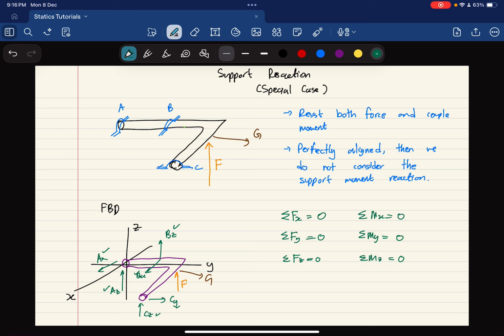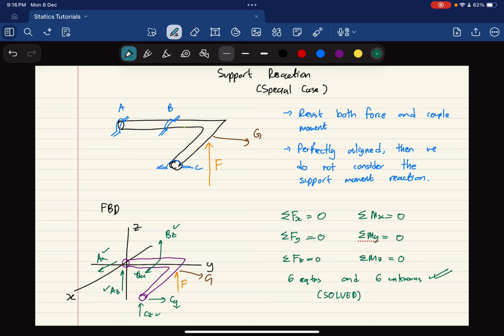So we are left with 6 equations and 6 unknowns, so this problem can be solved.